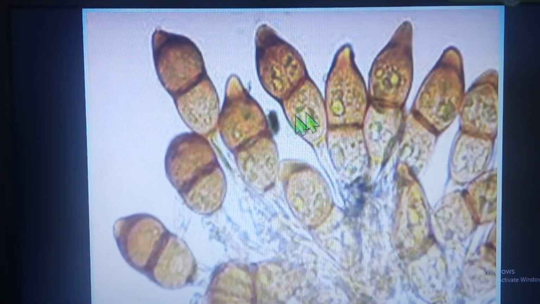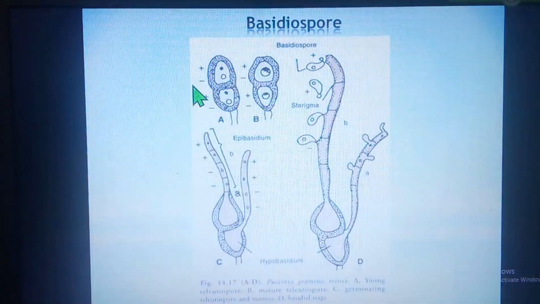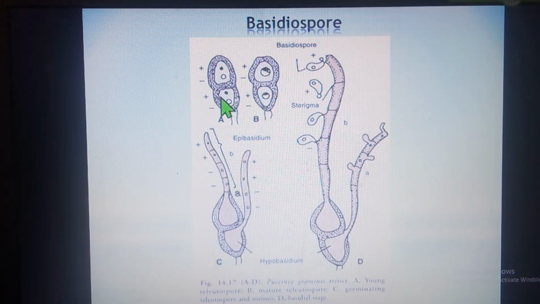This is another picture of the teliospore. You can see here some are round and some have a pointed apex. So the basidiospores, you can see, form from the teliospore. They develop on germination of the teliospore. The teliospore germinates by producing one germ tube.